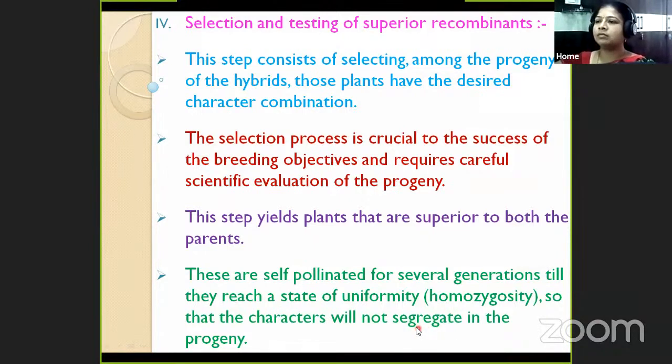Segregation means there is a chance of change in their genetic constitution. So segregation is prevented by the homozygous condition. That homozygous condition is achieved with the help of self-pollination for several generations in the hybrid plants to maintain uniformity, so that the characters will not segregate in the progeny.